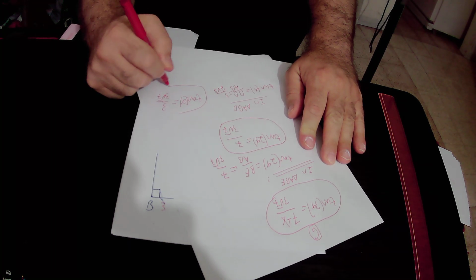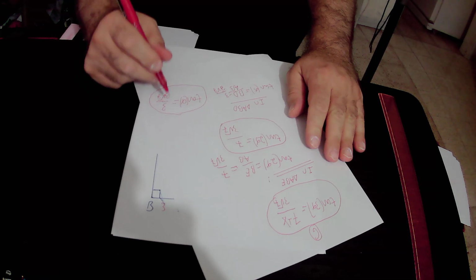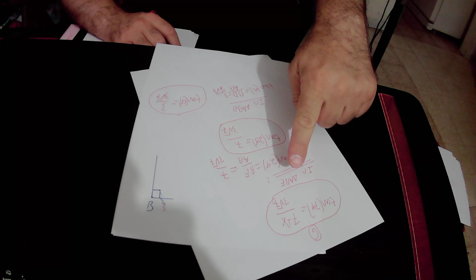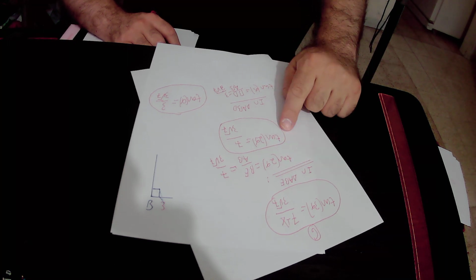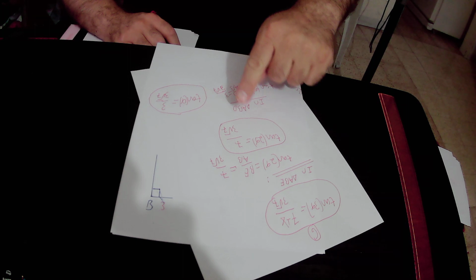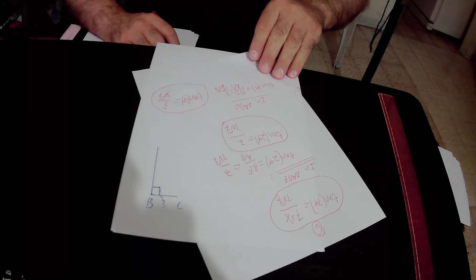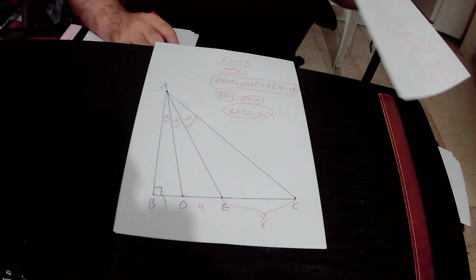So we actually found out that the value of tangent 3 alpha equals 7 plus x over 3 times root 7. The value of tangent 2 alpha equals 7 over 3 times root 7. And the value of tangent alpha equals 3 over 3 times root 7. Okay?